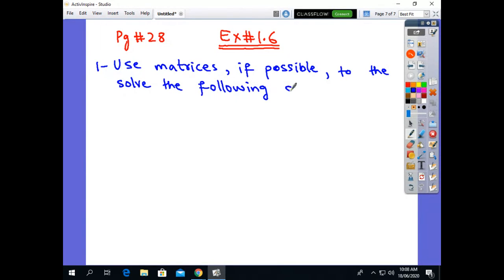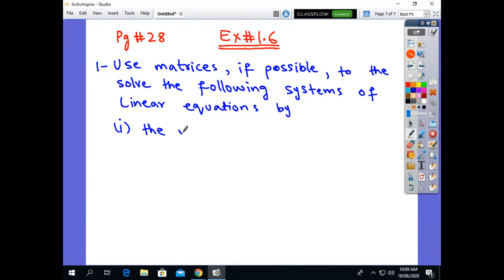The first method is the matrix inversion method, and the second method is by the Cramer rule.